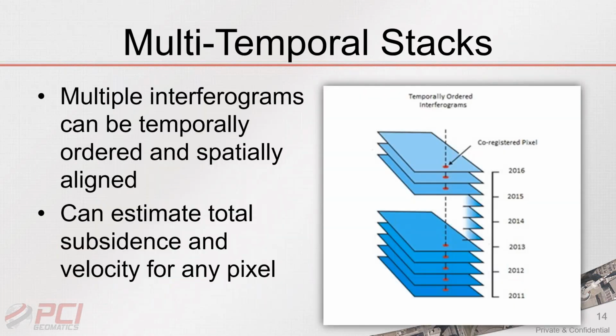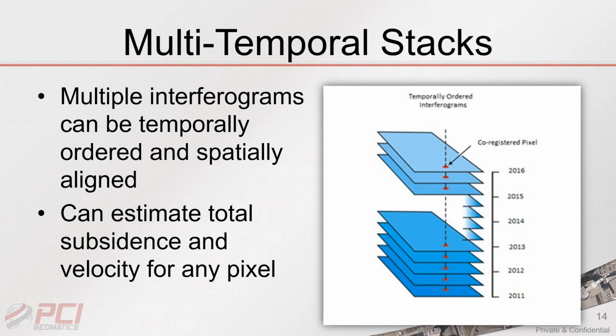I mentioned multi-temporal stacks, and just to illustrate this, multiple interferograms can easily be ordered and spatially aligned using the software. From this, we estimate the total subsidence and the velocity for any pixel. This is based on measuring the spatial and temporal changes in the subsidence pattern and requires strong co-registration using orthos or geometric correction co-registration.